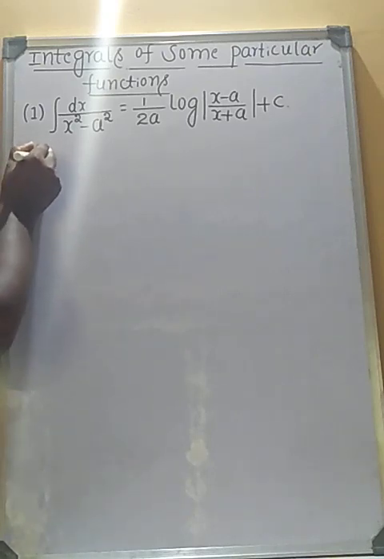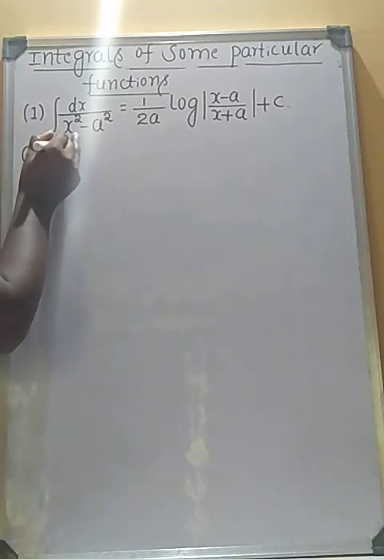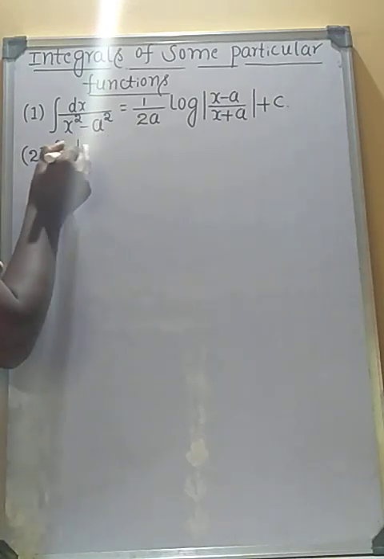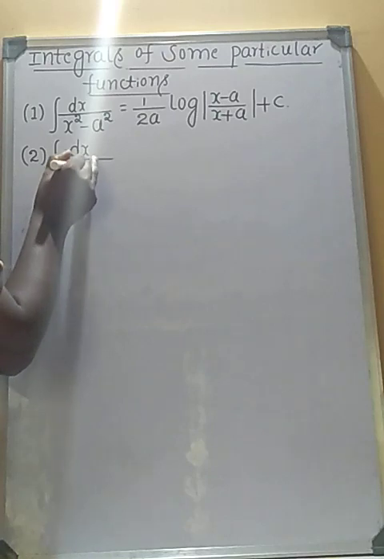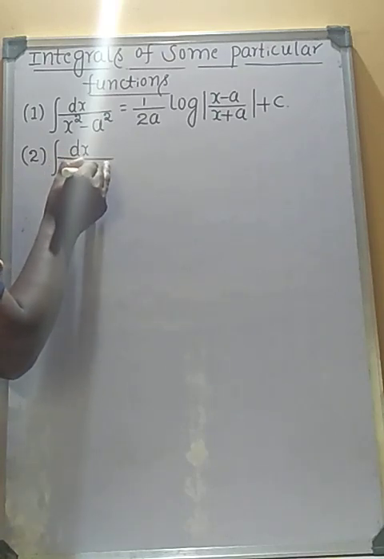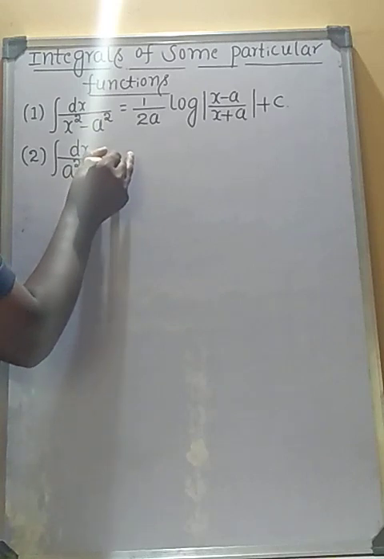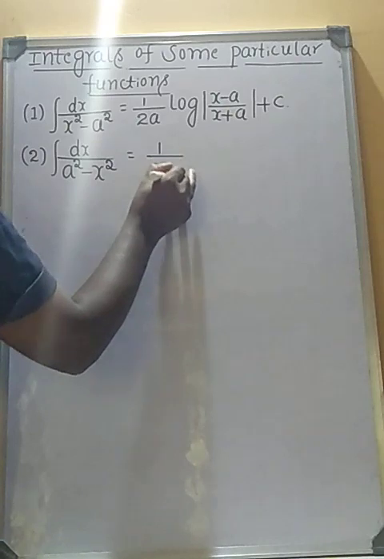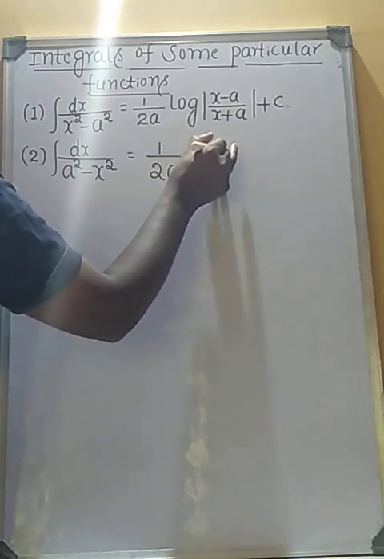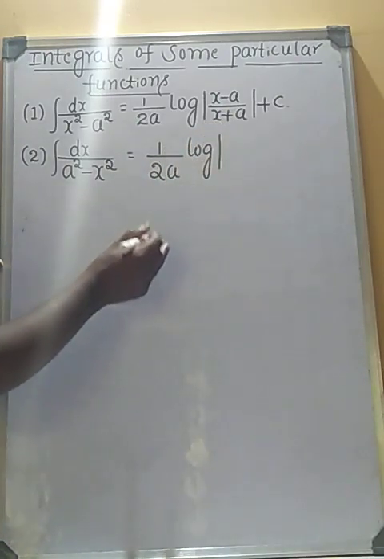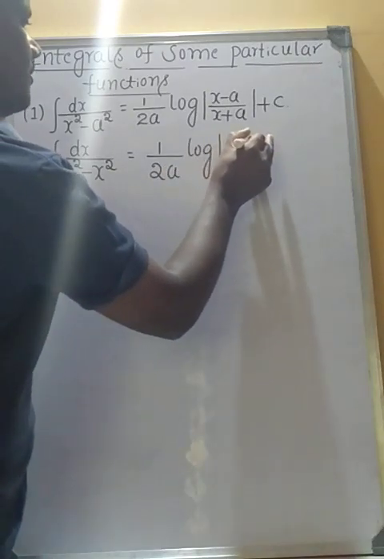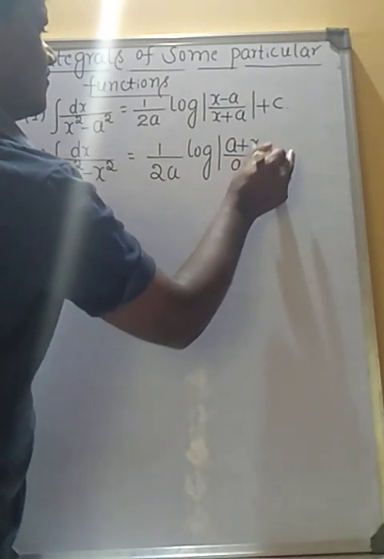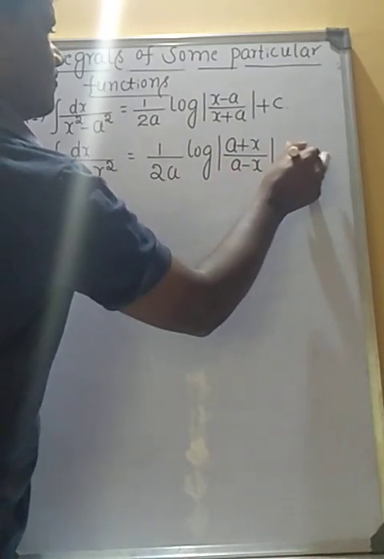Second one, integral of dx divided by a square minus x square equals 1 divided by 2a into log of a plus x divided by a minus x plus c.